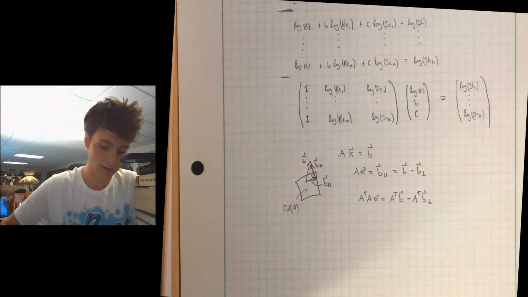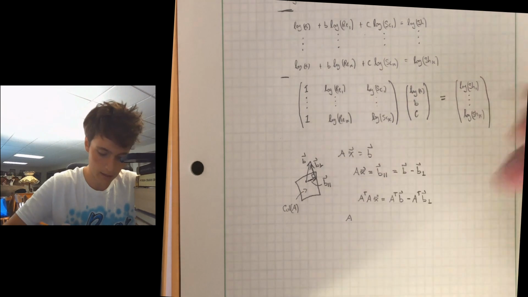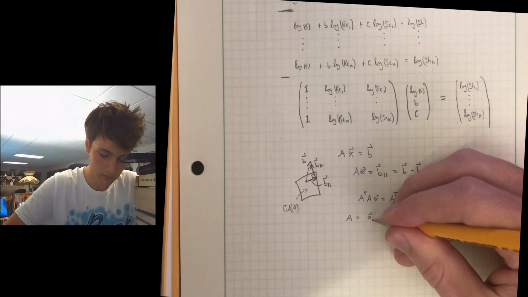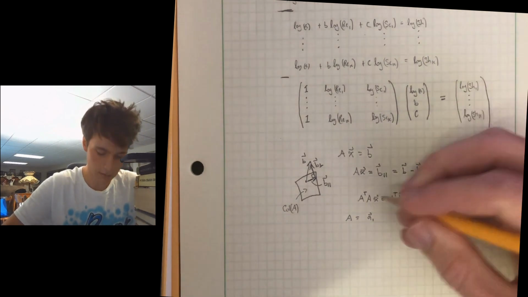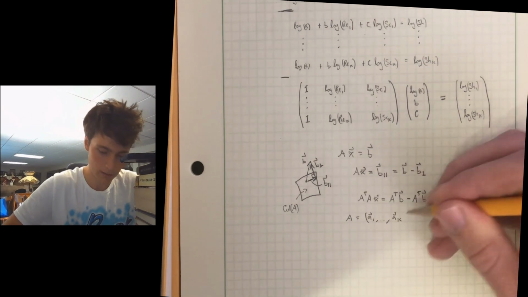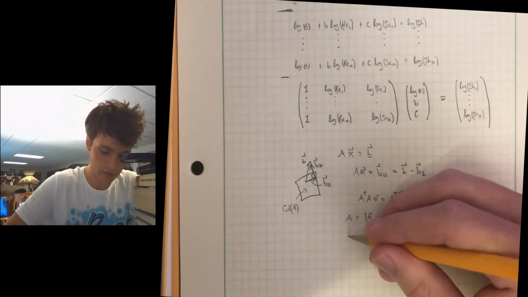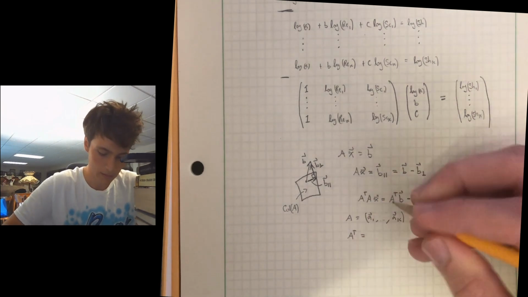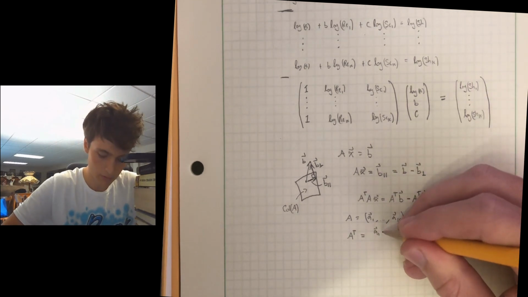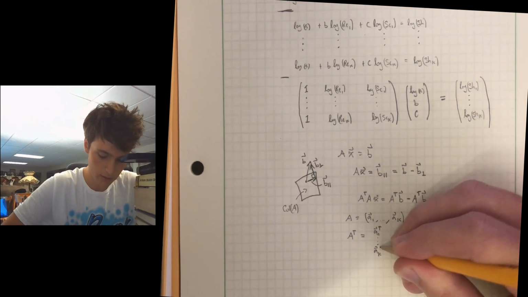I can show that pretty easily. If we write A, this matrix is the first column all the way up to the kth column, like this. If we look at A transpose, all these columns become rows. So the first row is A1 transpose all the way up to Ak transpose, like that.